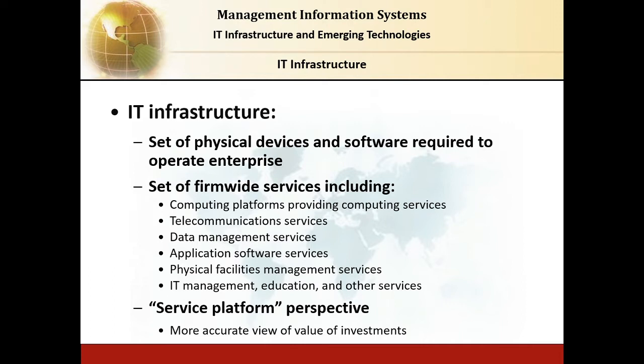Pero dito sa subject na to, ang pag-uusapan natin is IT infrastructure. So, magkaiba yung infrastructure sa IT infrastructure. So, ano pang ibig sabihin niya ng IT infrastructure? Ito yung set of physical devices and software required to operate enterprise.